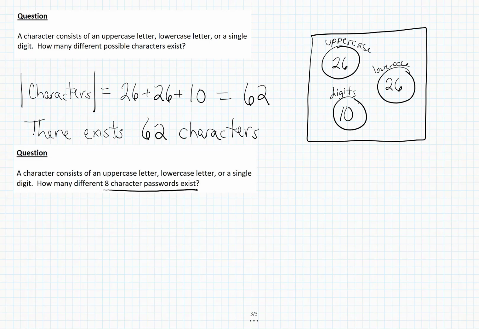And keeping that in mind, you can basically write this out and show that you have 8 different blanks with an 8-character password. So with these 8 different blanks, there's something different that we're going to need to try and solve this. And so the addition principle can only take us so far. So we're going to need to use something other than this addition principle. And that's kind of the main thing.